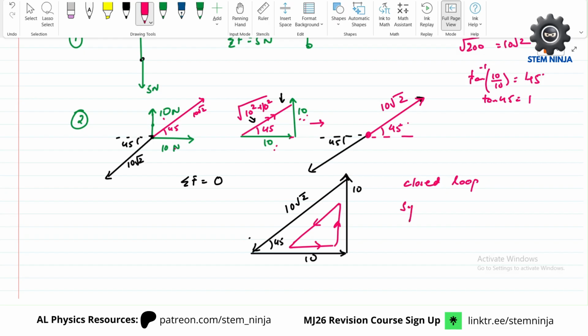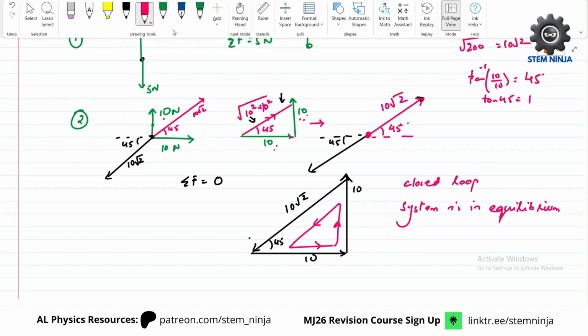The system is in equilibrium. This is a very good way of checking, and obviously working numerically also, for a body in equilibrium. So if the directions are forming a closed loop, the object will be in equilibrium.